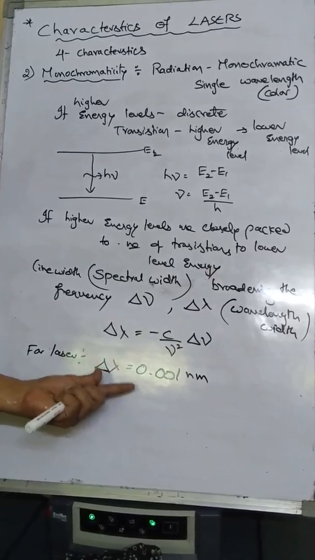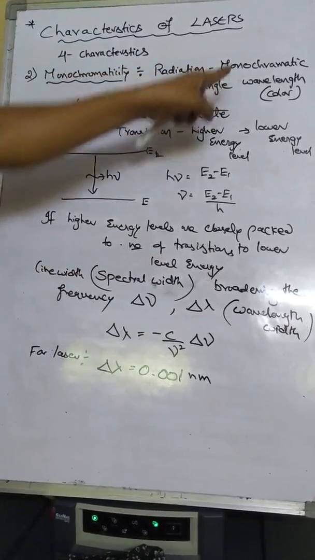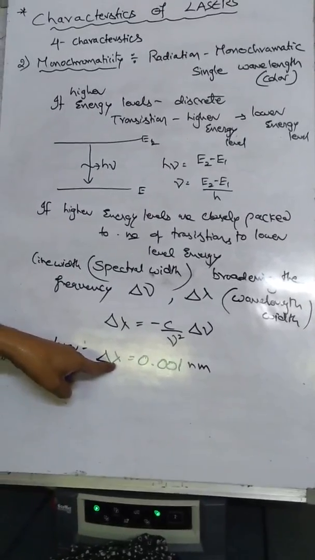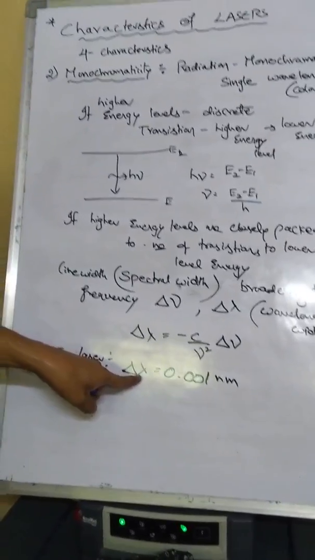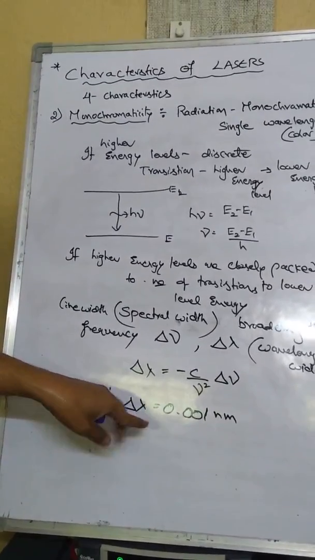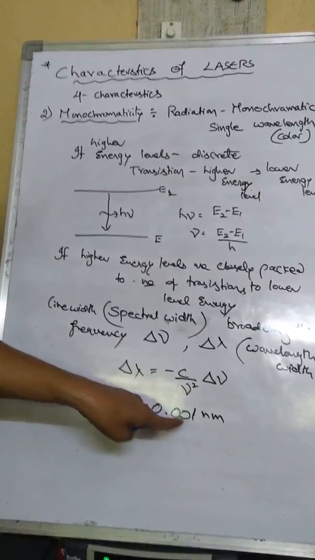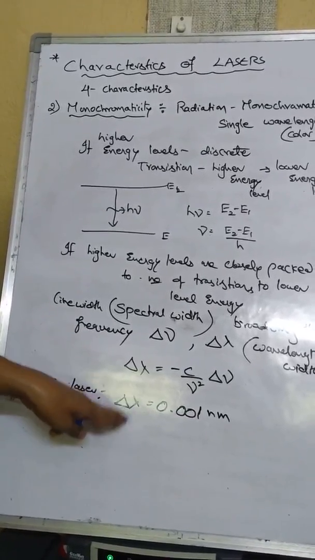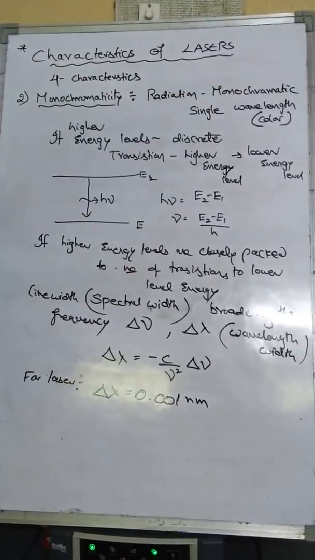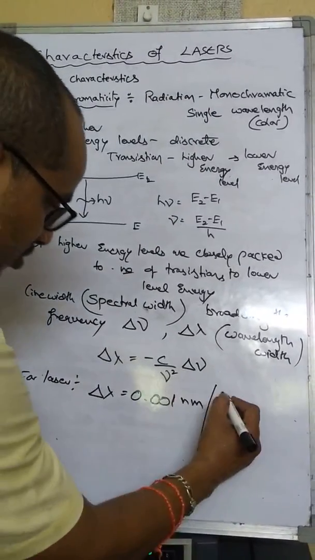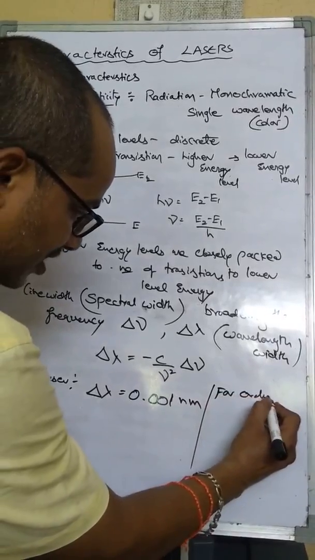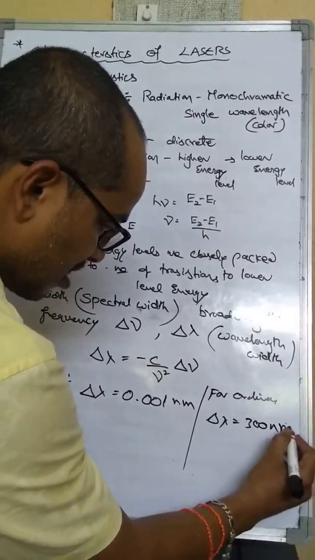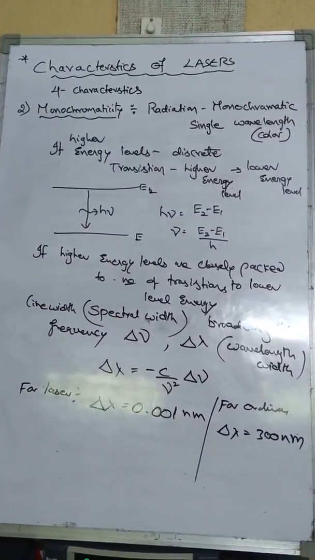A very small broadening means it is maintaining monochromaticity. Applying mathematics, delta lambda is the difference between two wavelengths. If the difference is very small, it is almost merging into a single wavelength, and that is what monochromatic means. For ordinary light, delta lambda will be high, in the order of 300 nanometers.